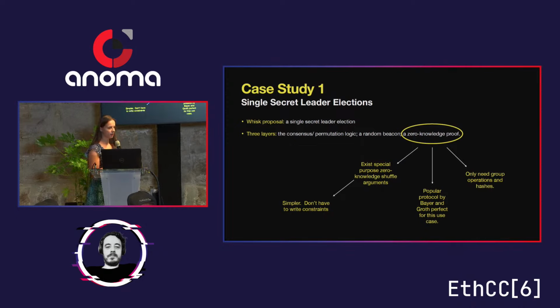It's only proving this one thing. So if any of you have ever worked in Circom or anything like that in order to say, this is what I'm trying to do, with this particular scheme, you don't have to do that. The protocol which we're suggesting to use is a slight adaptation of a popular protocol by Bayer and Groth, and it only uses group operations and hashes.